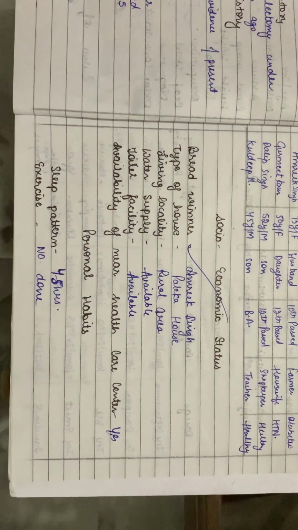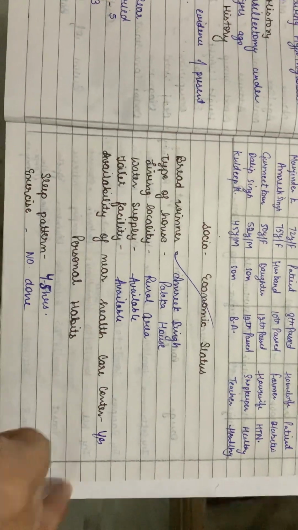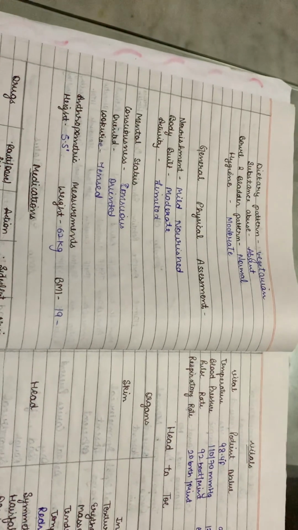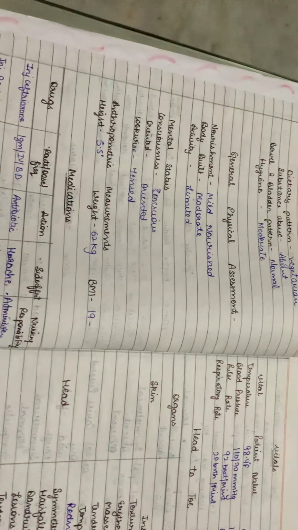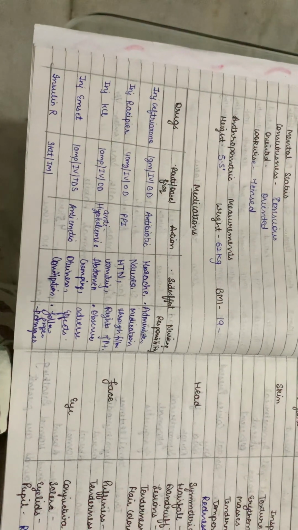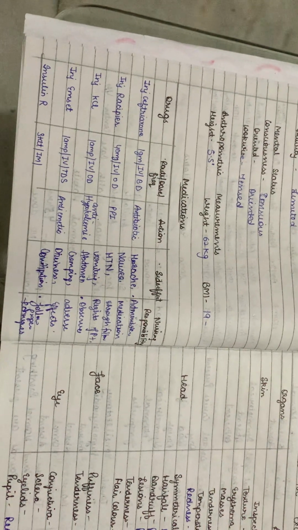then socio-economic status of the family, then the personal habits of the patient, general physical assessment, which includes mental assessment and anthropometric measurements, medication, and during your assessment, what are the medications that have been administered to the patient.